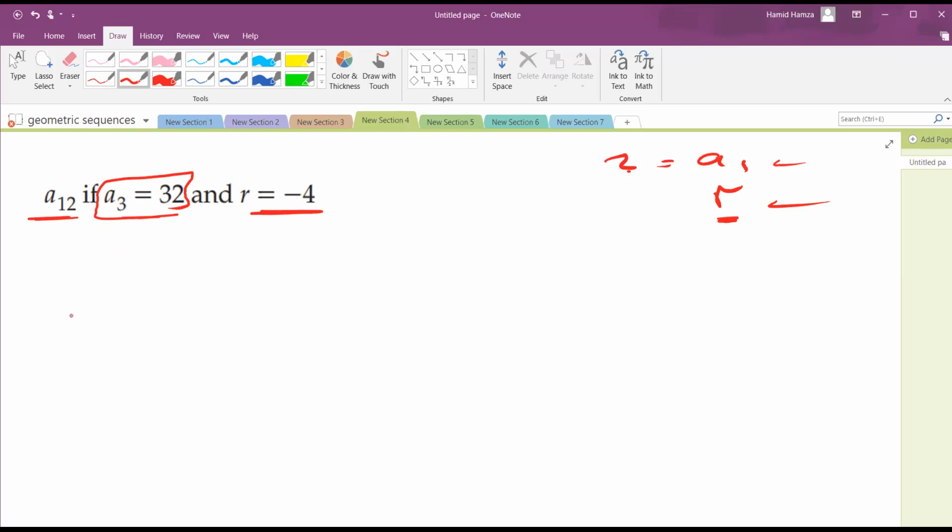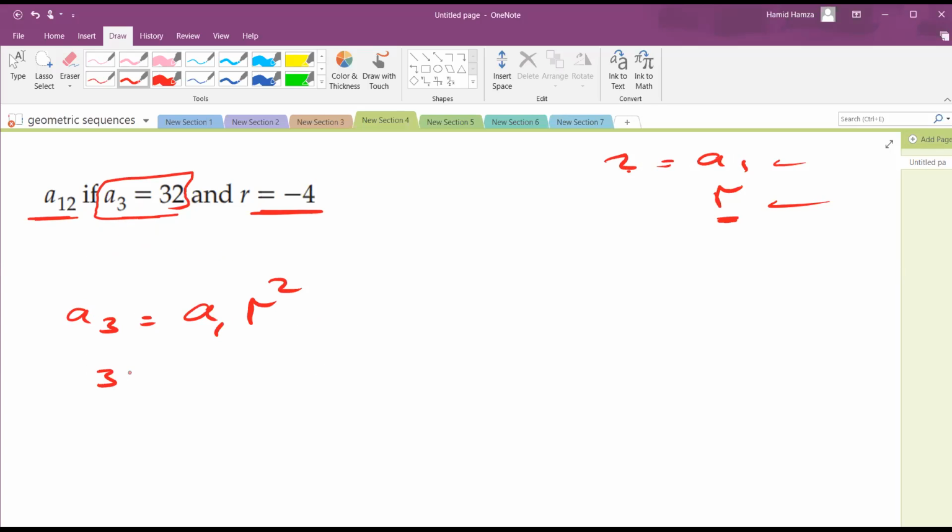So a3 equals a1 r power 2. Always the power is less than the order of the term by 1. Now substitute by the values you know. So a3 is 32.